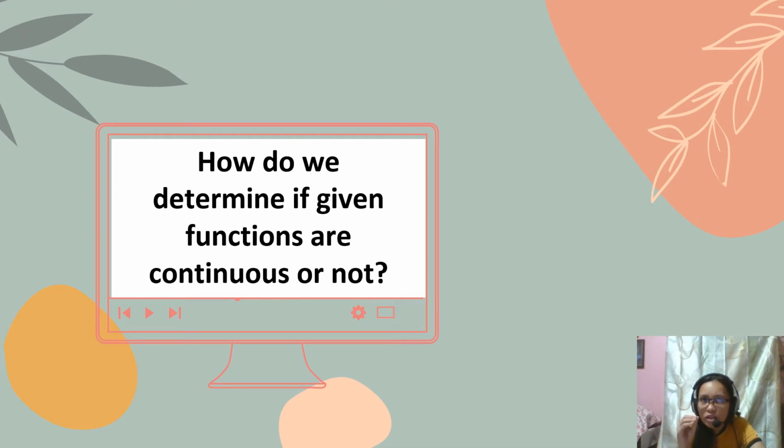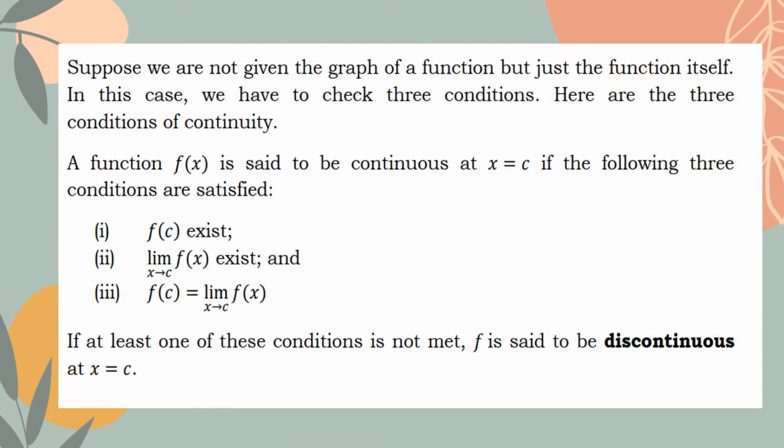But if that is a function already, then how do we do it? Suppose we are not given the graph of a function, but just the function itself. In this case, we have to check it using the 3 conditions.